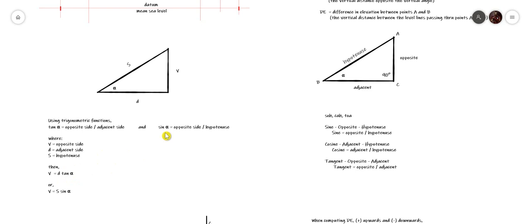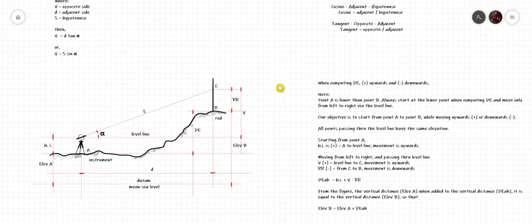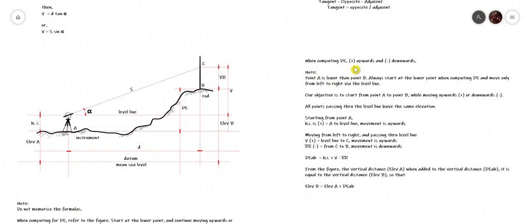Also, sine alpha equals opposite side divided by the hypotenuse, which also gives us V equals S times sine alpha. When computing DE, a plus sign is used to denote upward movement, and a minus sign is used to denote downward movement.